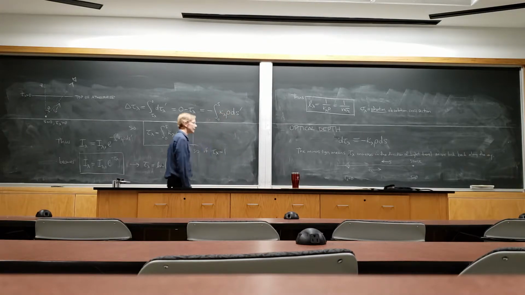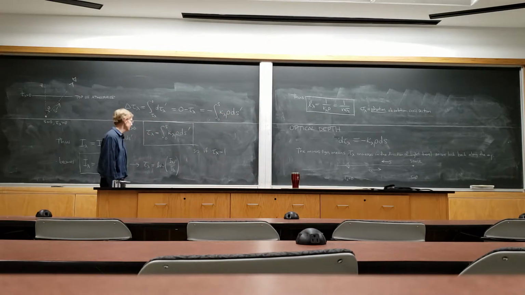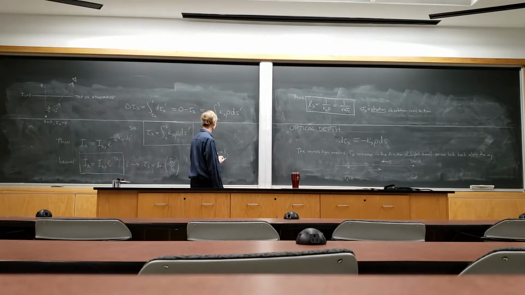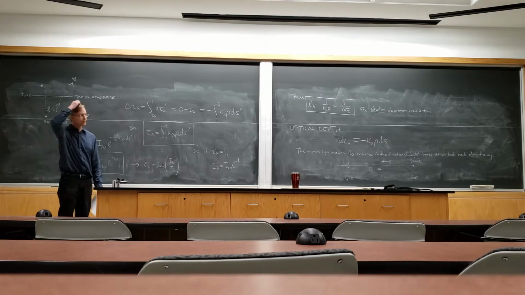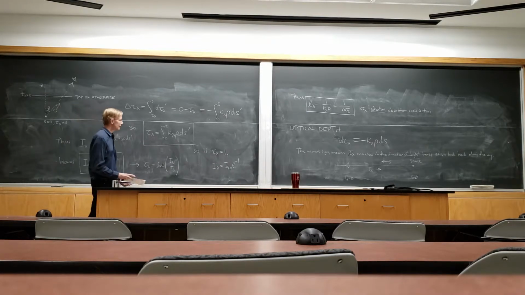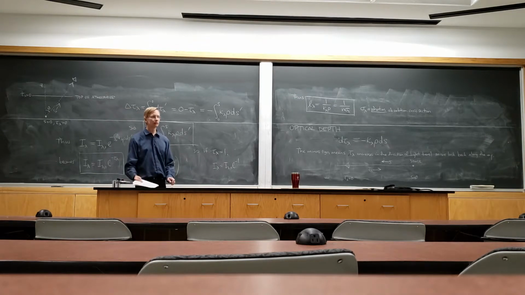So if tau lambda is 1, notice that says I lambda is I lambda naught e to the minus 1, over e. So if the optical depth is 1, a fraction 1 over e of the photons from the source is making it to us without getting scattered along the way. If the optical depth is 2, only 1 over e squared of the photons make it to us.